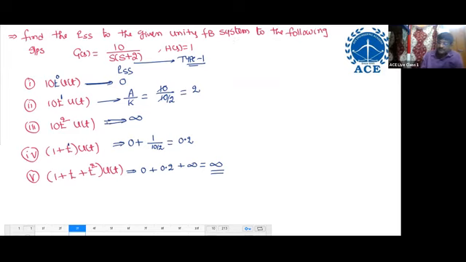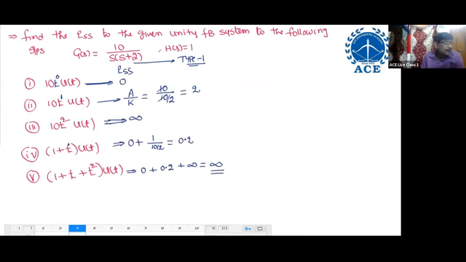Okay? I hope you got it. Next, one more problem. Repeat the above problem. So I'll take G of s equal to, for example, 1 by s plus 5 into s plus 10.